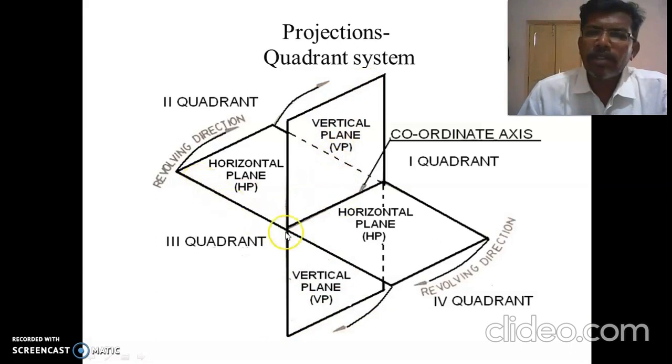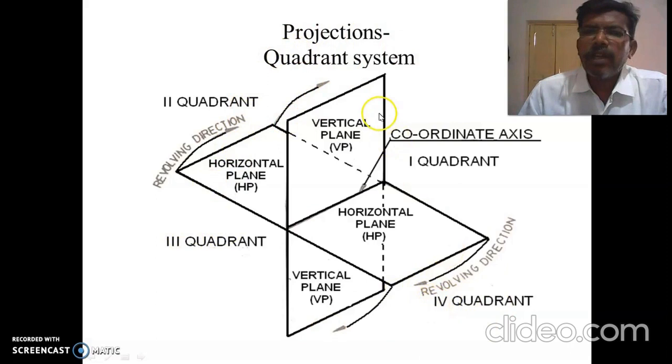And here you can see the horizontal plane. Right, and to the right half of this is called the first quadrant. Behind this vertical plane and above the horizontal plane is called the second quadrant, the bottom one is the third quadrant, and this side is the fourth quadrant.